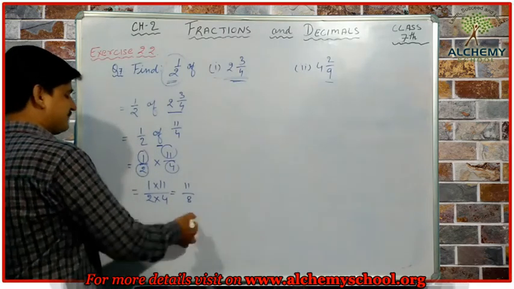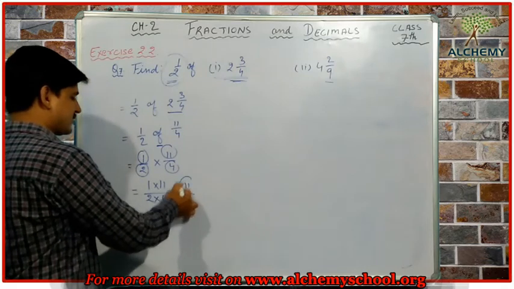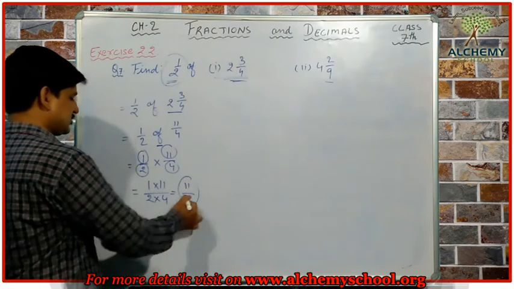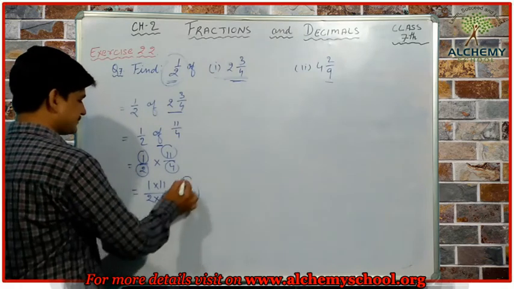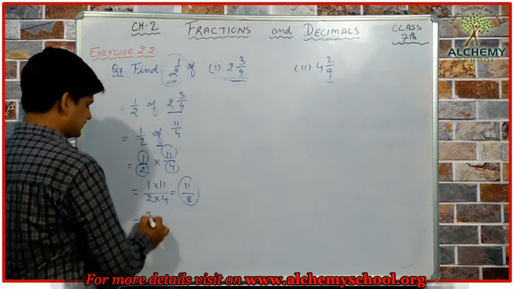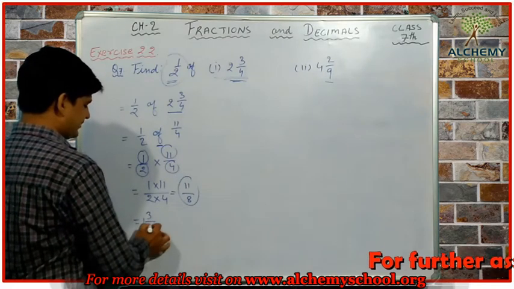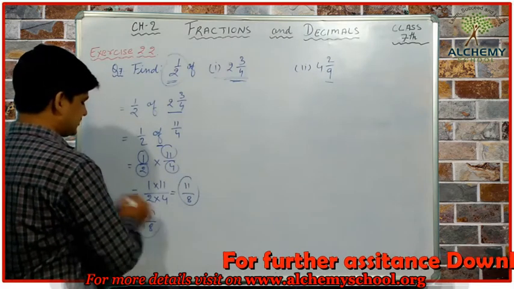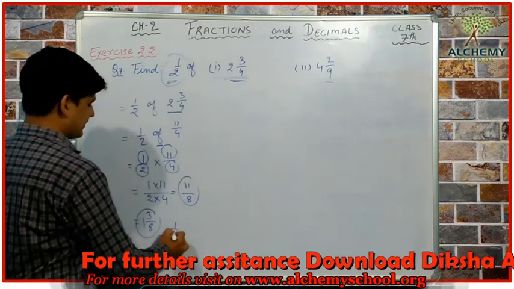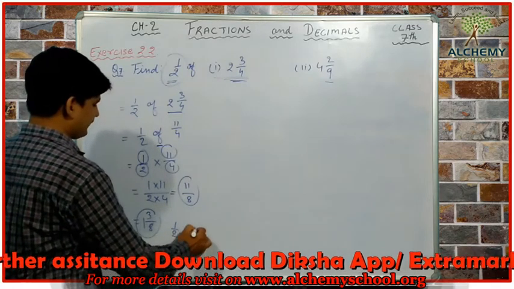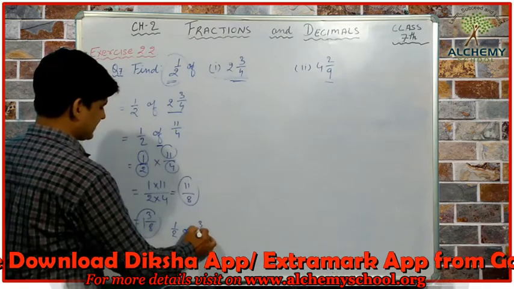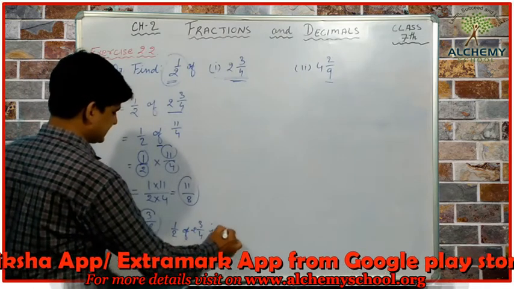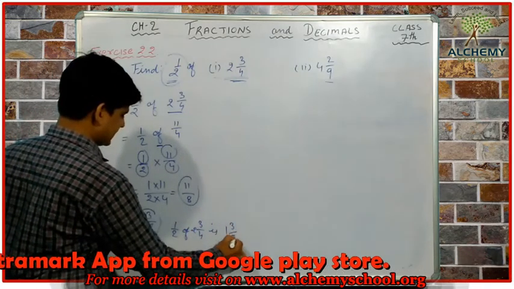Okay, this is an improper fraction, so we have to convert it into the form of a mixed fraction. So, 8 ones are 8, 8 and 3 is 11, so 3 upon 8. So, we can write here 1 upon 2 of 2 and 3 upon 4 is 1 and 3 upon 8.